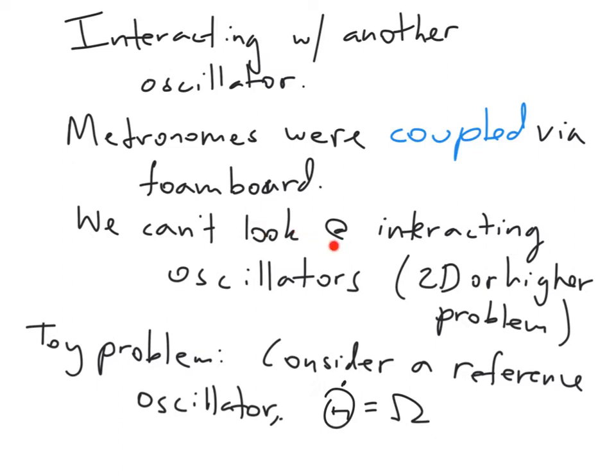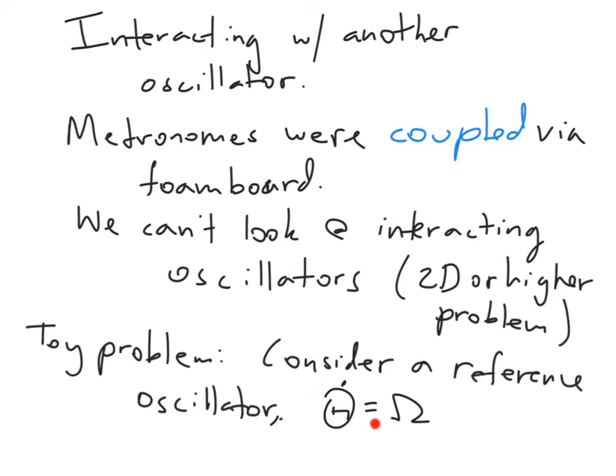We're not going to look right now at interacting oscillators because that's a multi-dimensional problem, and we are currently only studying one-dimensional problems, so we can't have two oscillators that influence each other, but we can have a reference oscillator that influences the oscillator that we model.